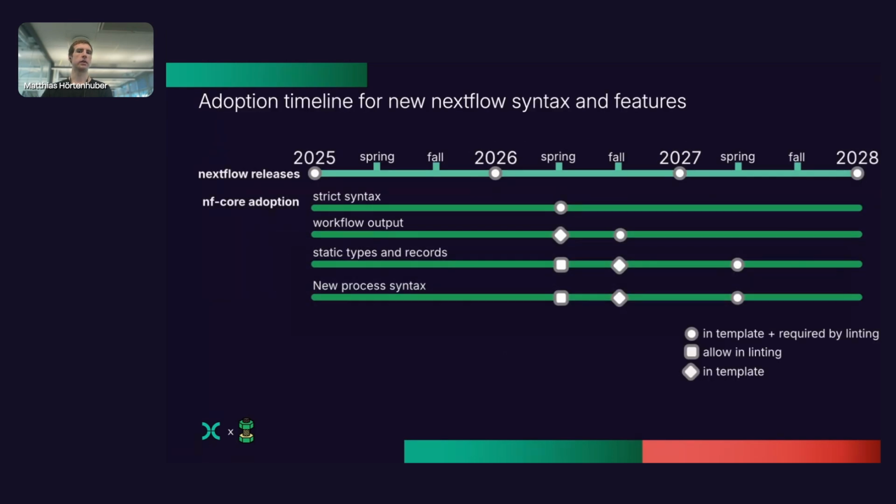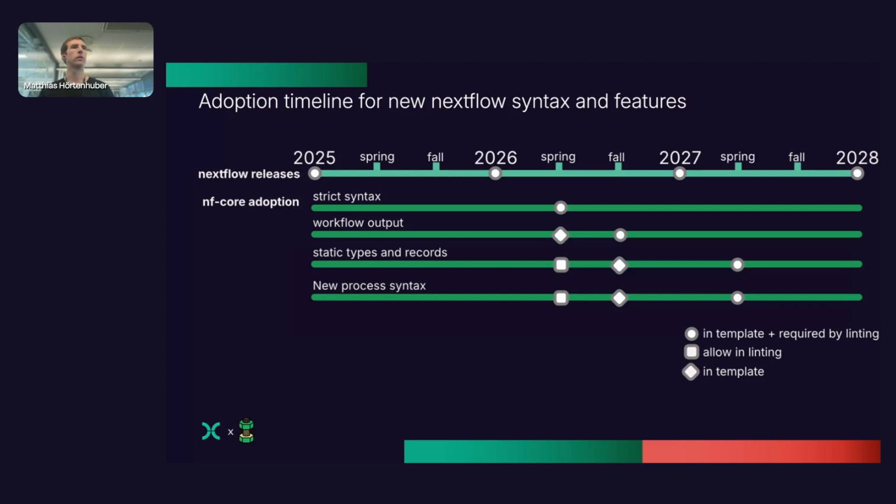Okay, so what do we see in next features added to nf-core? Because Nextflow will get quite nice new things, and we in nf-core, of course, will want to add them, but not too fast, so people can adjust to it and have time to update the pipelines. So, for example, the strict syntax we will add in spring 2026 in the template, but also required by linting.